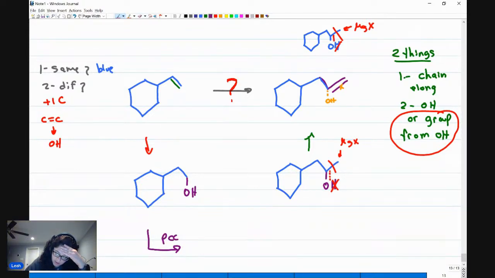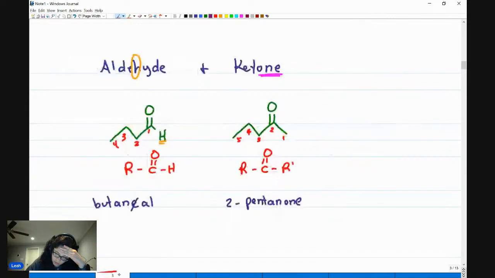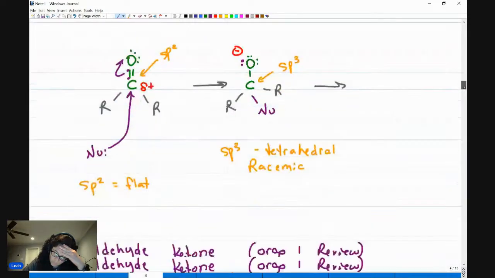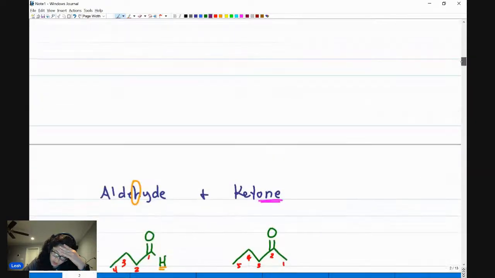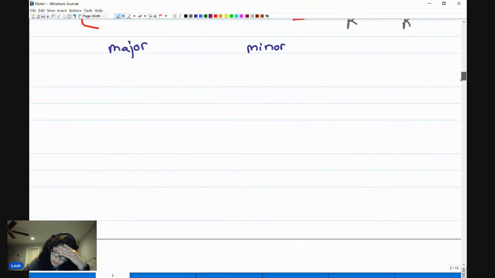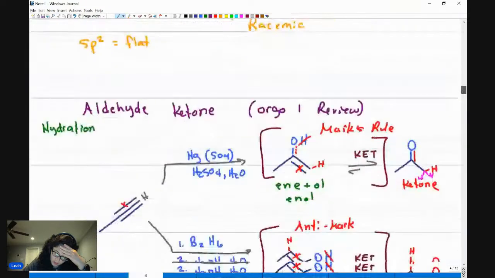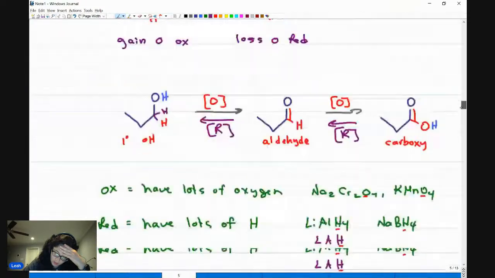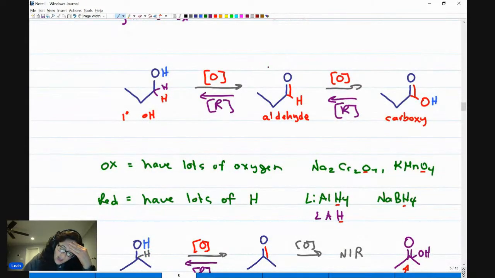So we'll use PCC. I forgot to mention this when we talked about oxidation. So let me go back real quick. Where did we talk about oxidation? There we go. Okay. The aldehyde will not be isolated. Most of your oxidizing reagents will go all the way to a carboxylic acid. The only one that stops is PCC.